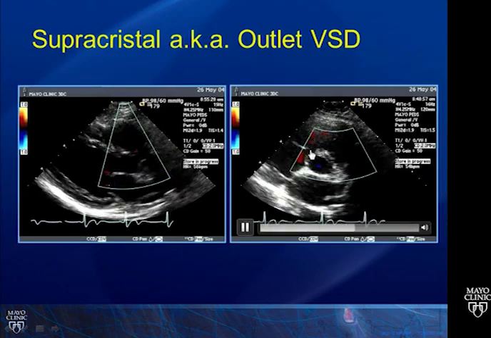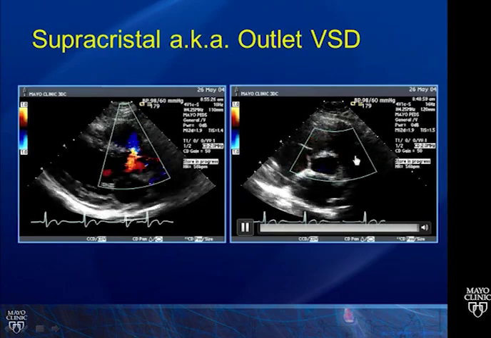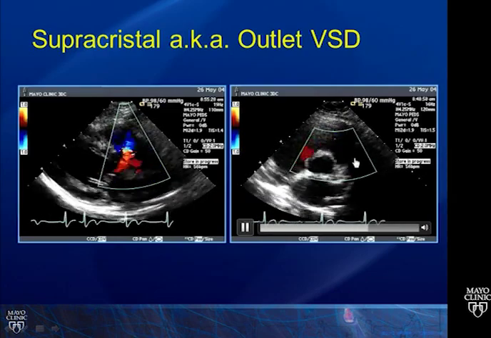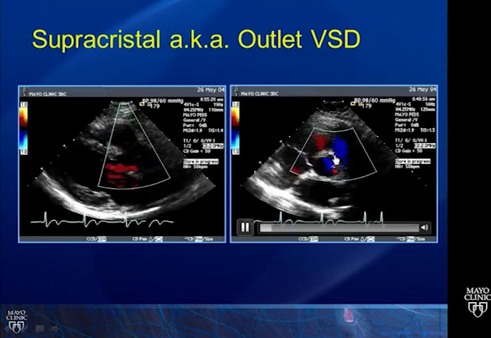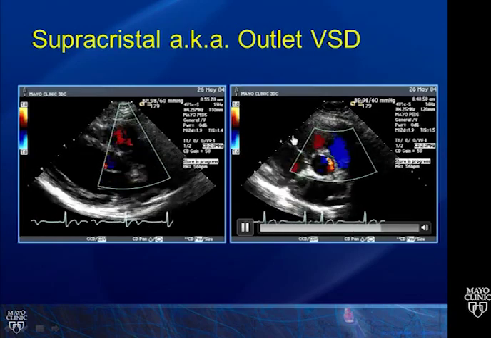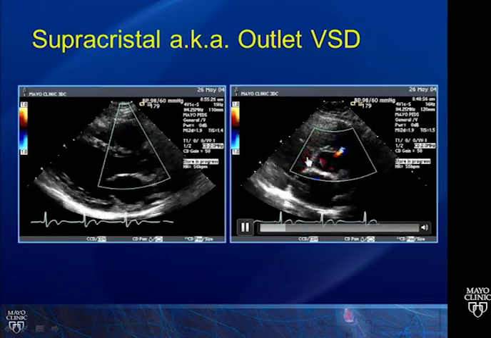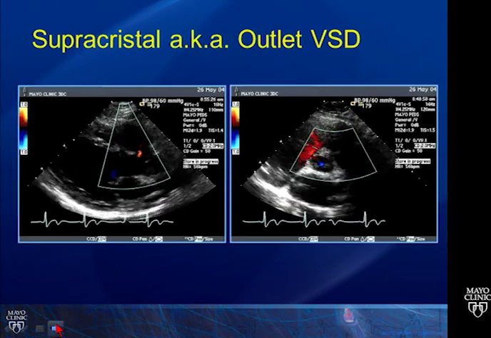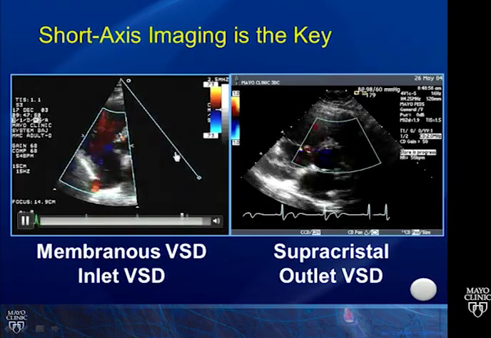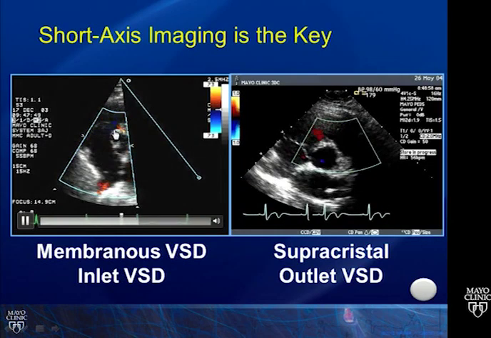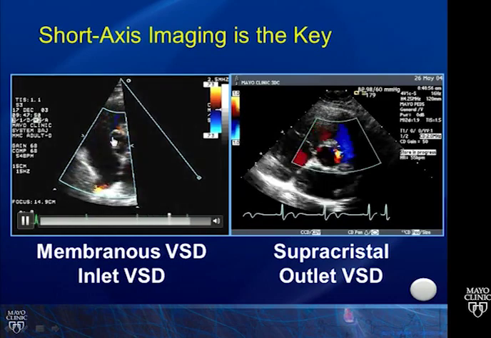If it's on the pulmonary valve side, which is right in here, I don't think the leaflets of the pulmonary valve show up as well as I might wish with that color there, but this is the vicinity of our pulmonary valve. That's where the shunt is, and that is a supracrystal, otherwise known as outlet, ventricular septal defect. Over here is the tricuspid valve, and I'll show you for comparison's sake a membranous ventricular septal defect, which is more on the tricuspid valve side of that short axis image.